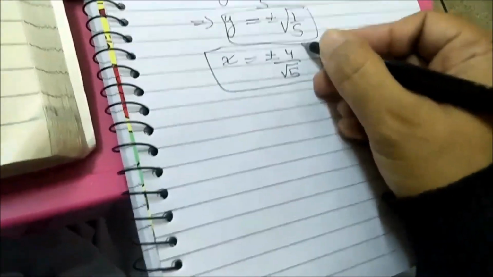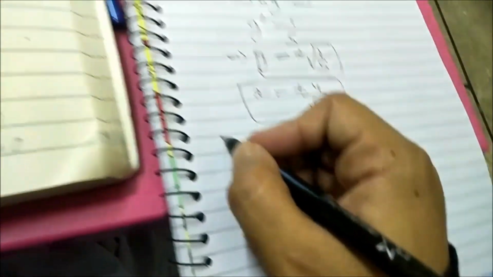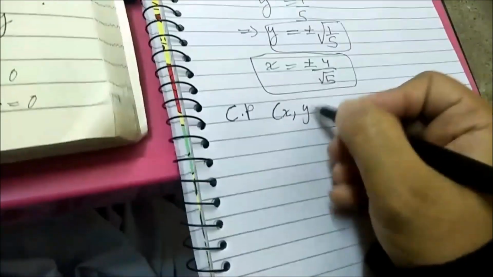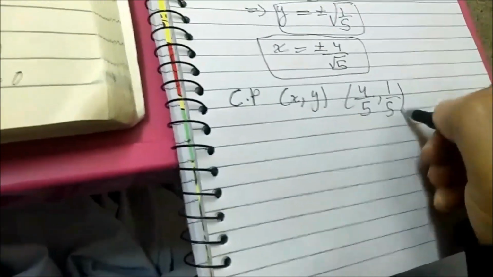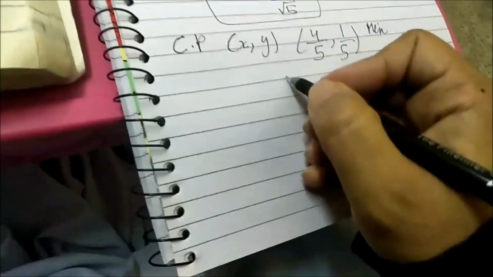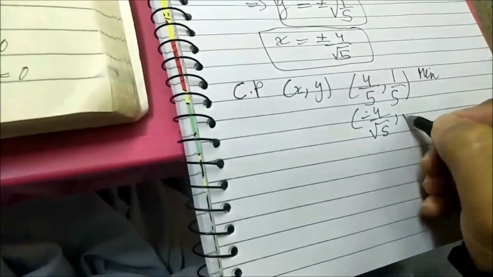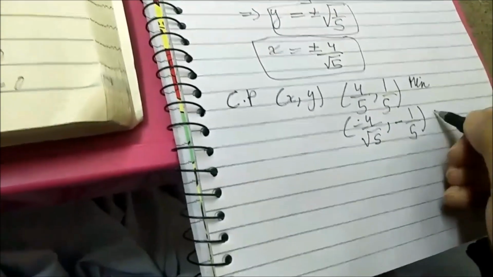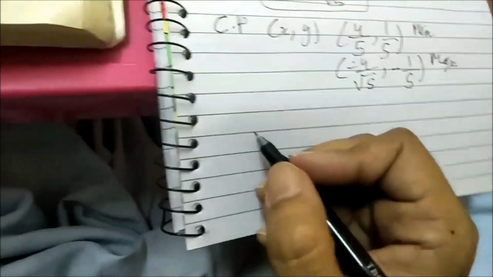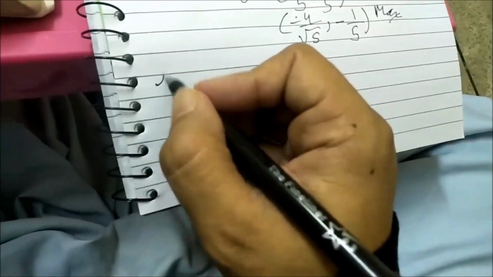So these are the critical points. Our critical points for x, y are 4 over root 5 and 1 over root 5 for the minimum, and for the maximum we have minus 4 over root 5 and minus 1 over root 5. After this we put these values into our function.